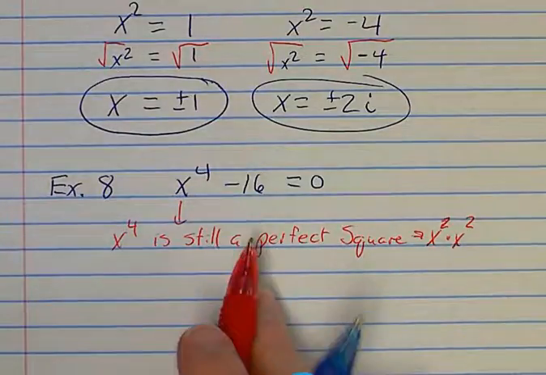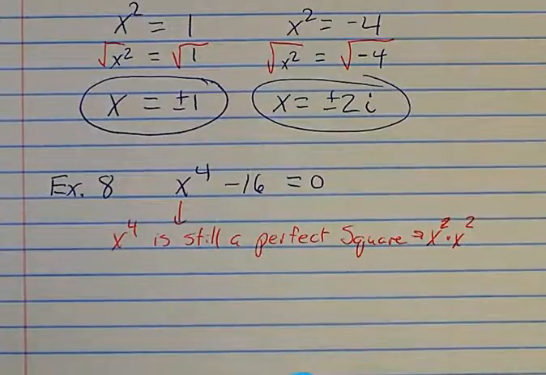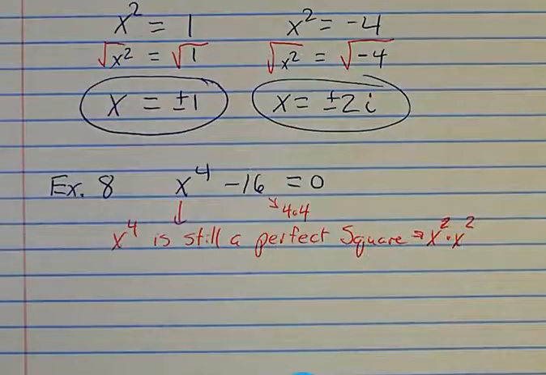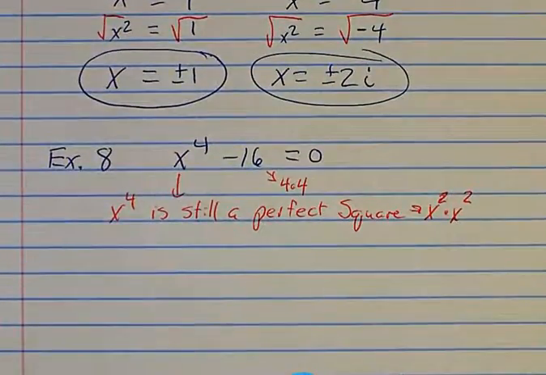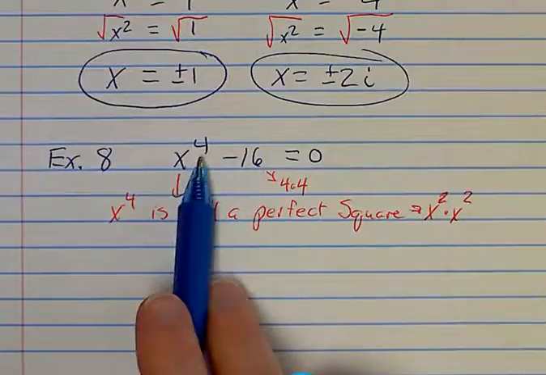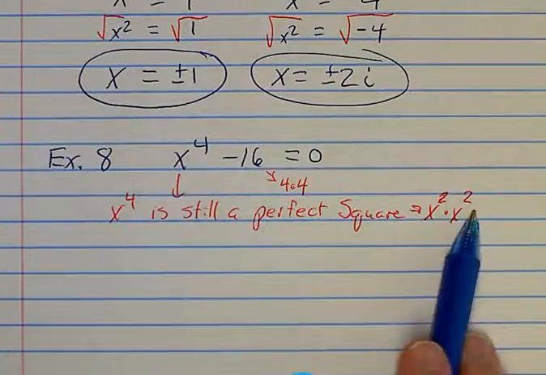And of course 16, we can make that 4 times 4. We got that part. So it's still a perfect square problem, it's just a kicked up degree of difficulty. It would be just like if it was x squared minus 16, that would be x times x. In this case, it's x to the 4th, so now we can make it x squared times x squared.